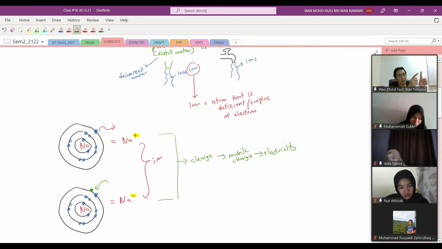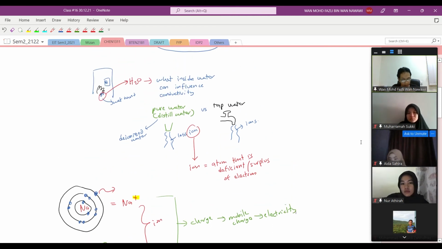The positive or negative charge can complete the circuit, flow into the electrical appliance and electrocute you. So that's basically why you cannot say that only metal can conduct electricity.